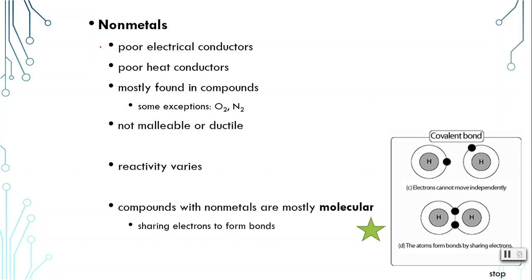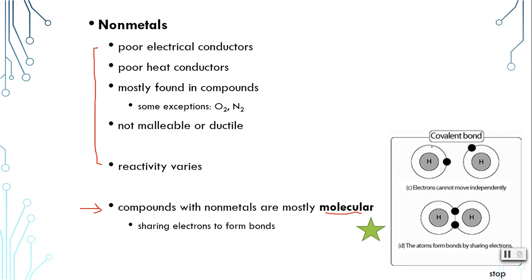Nonmetals, here's some characteristics here of nonmetals, but again, I think the most important point about the nonmetals is that when they form compounds with other nonmetals, not with metals, but when they form compounds with other nonmetals, those compounds are called molecular compounds.